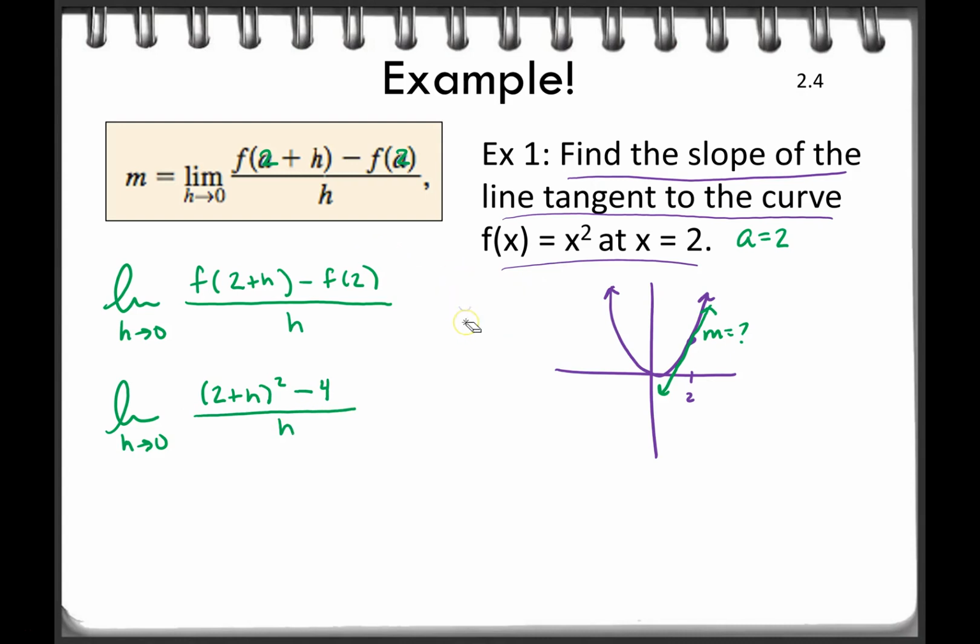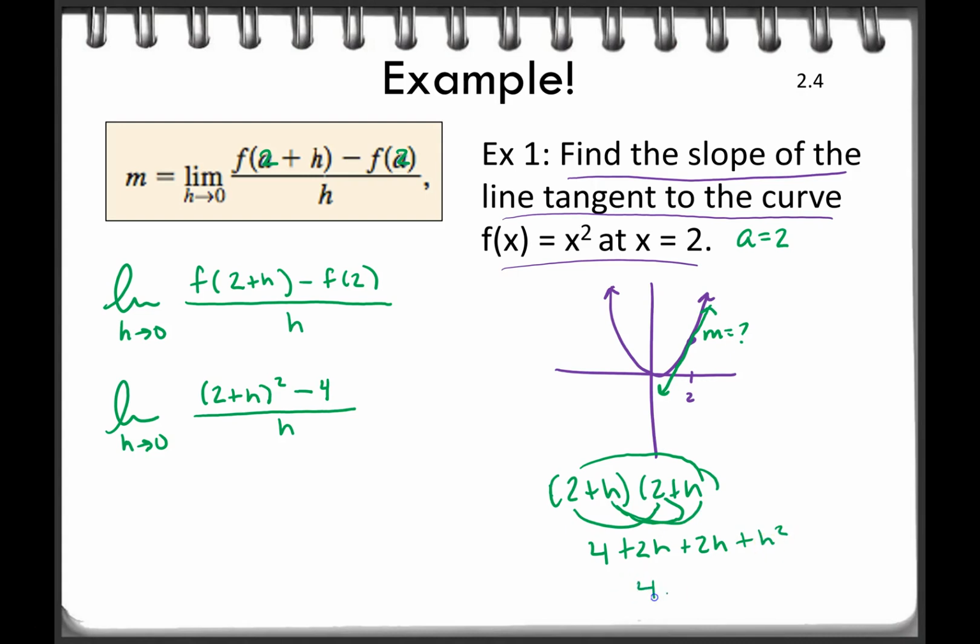Let's go ahead and let's FOIL this 2 plus h quantity squared. So I'm going to write this here. That's 2 plus h times 2 plus h. 2 times 2 is 4. 2 times h is a 2h. h times 2 is a 2h. And an h times h is an h squared.